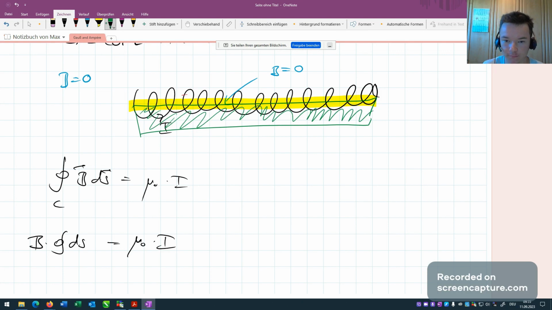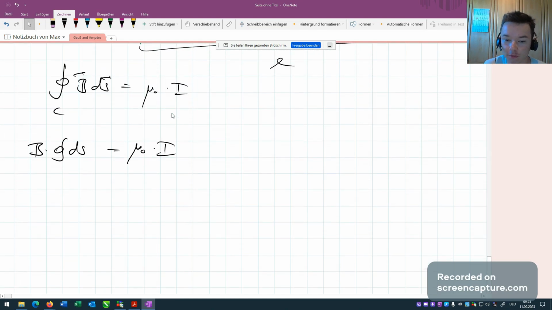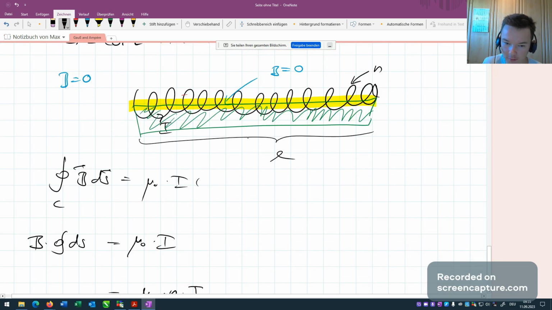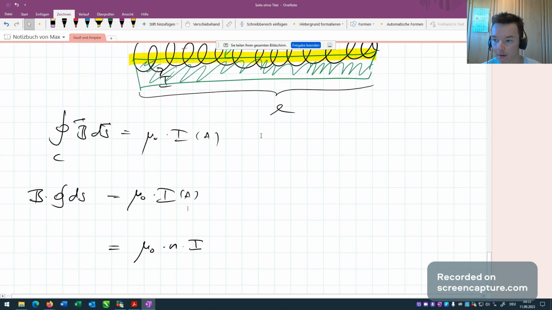Let's imagine our coil has a length of L and N little windings. And per winding, or per circle in the coil, there will be the current I. So the amount of total current which penetrates the area is N times I, right? So I of the area is N times the current which is flowing.